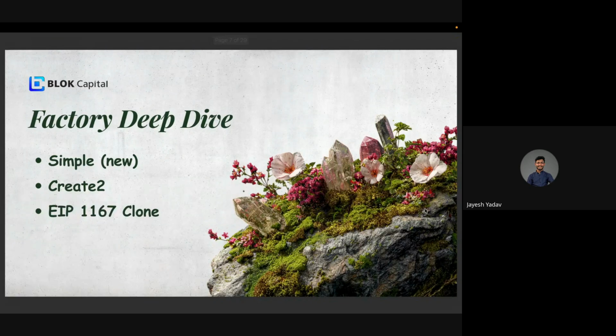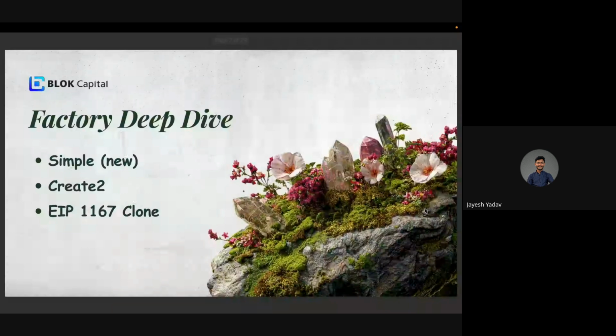The second one is CREATE2, for when you need to deploy deterministically, at predictable addresses before the contract is even deployed. We'll discuss why we need to deploy contracts at predictable addresses.